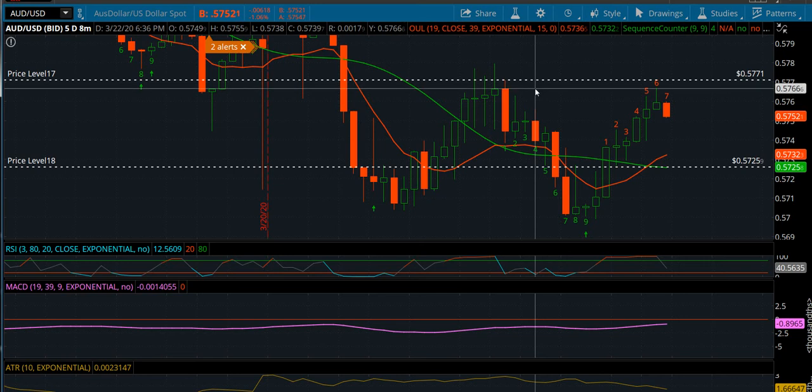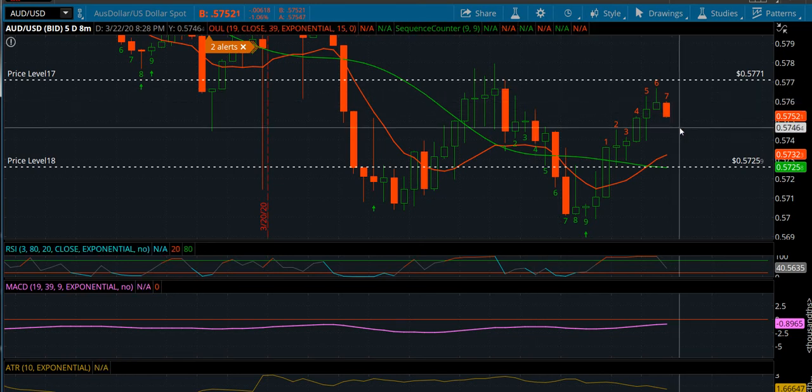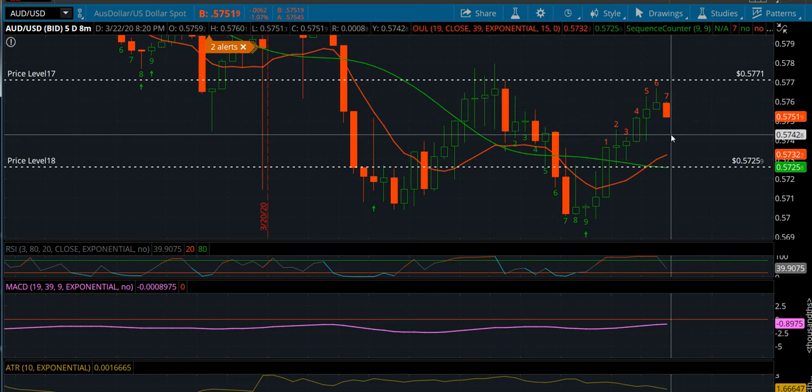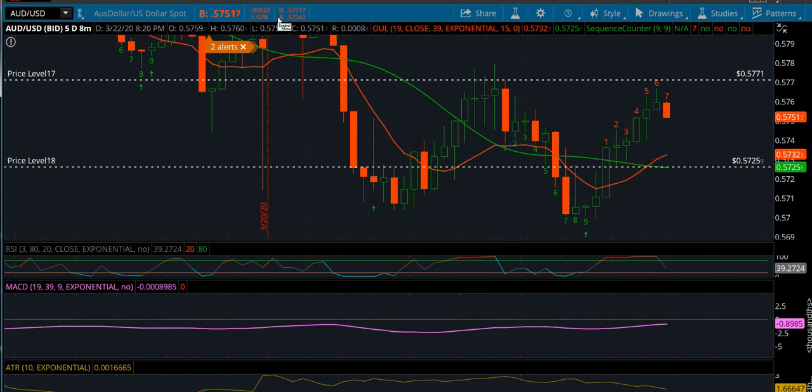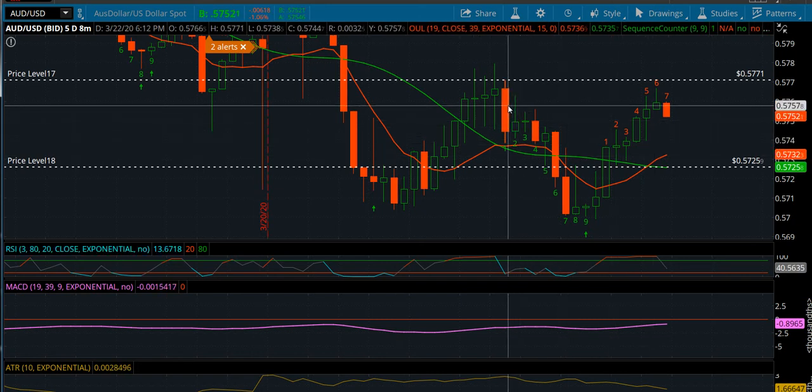So something like this here is kind of a judgment call, okay? Because this bar opened at what? My numbers are up here. So this bar opened at 57.44. The high of this bar was 57.60. What? Oh, okay. No. Okay.